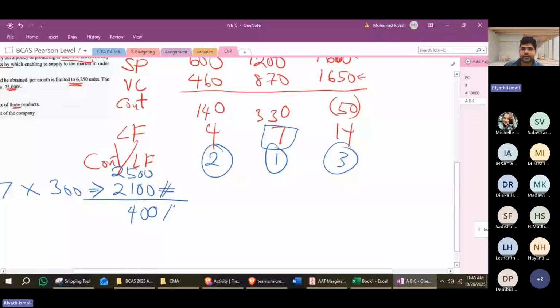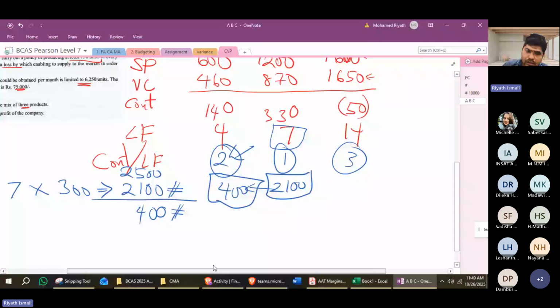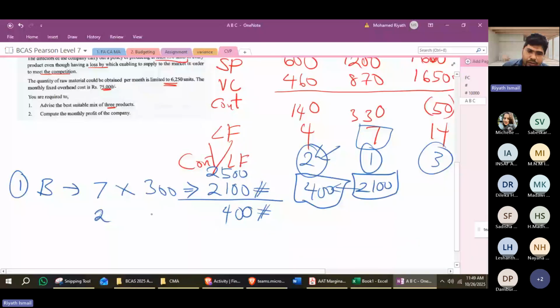So now we allocated 2100 for B and we have balance. We can allocate 400 for A. We know that each unit requires 2. A requires 2 limiting factors, then we divide by 2 and it can produce only 200.